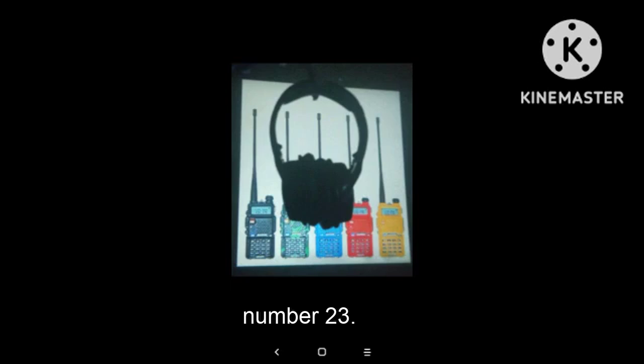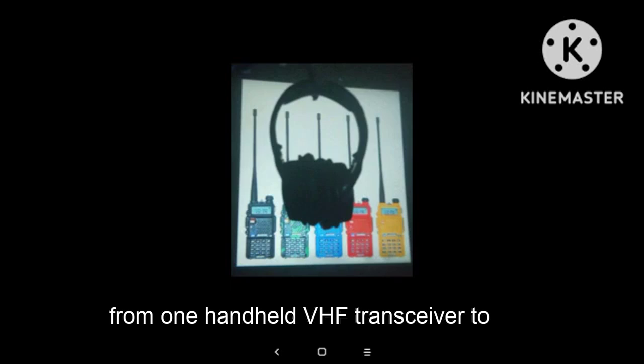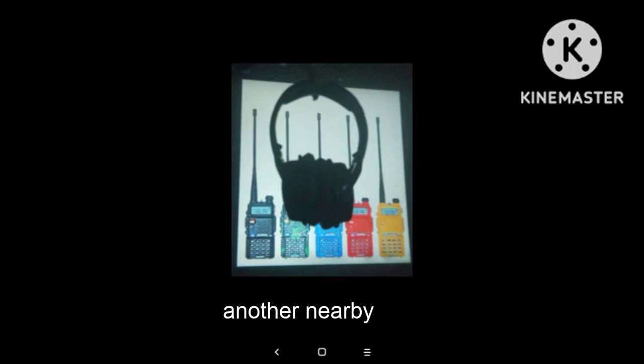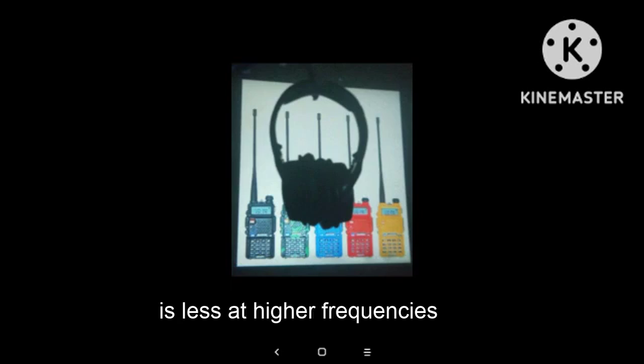Number 23. What type of propagation usually occurs from one handheld VHF transceiver to another nearby? Line of sight propagation. Number 24. The distance traveled by ground waves is less at higher frequencies.